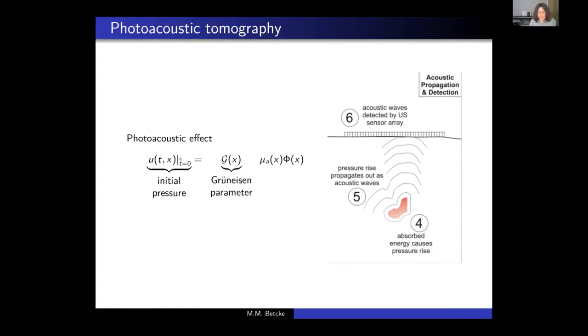Essentially the absorbed energy constitutes our initial pressure. This is the initial condition for our wave equation that describes the propagation of the waves through the domain, and in this case to the boundary of the tissue where the sensors are.